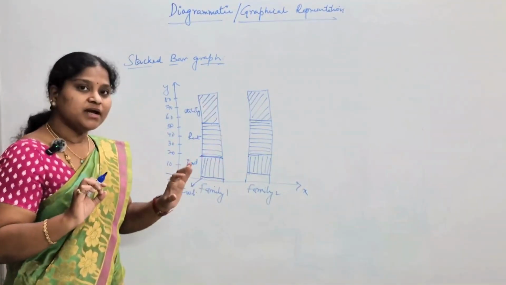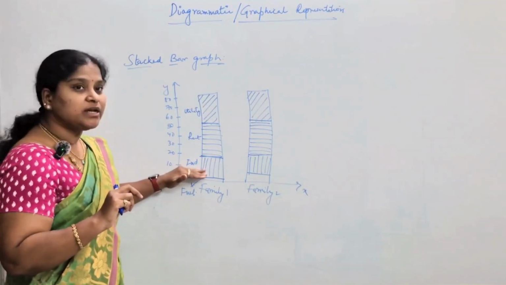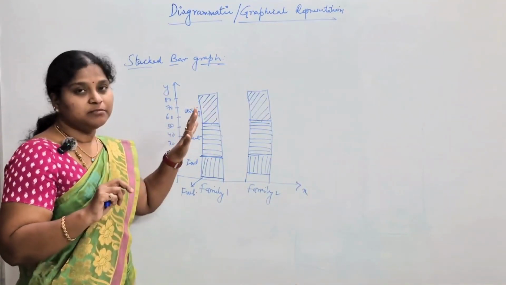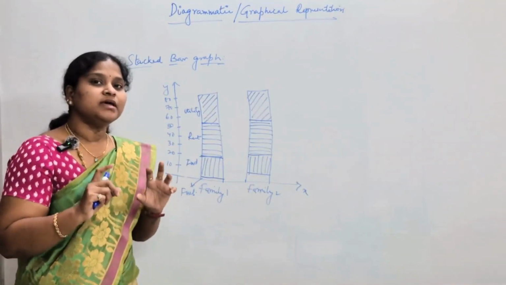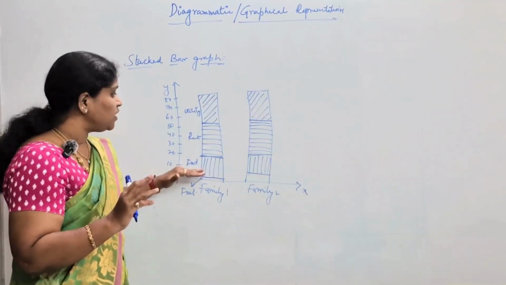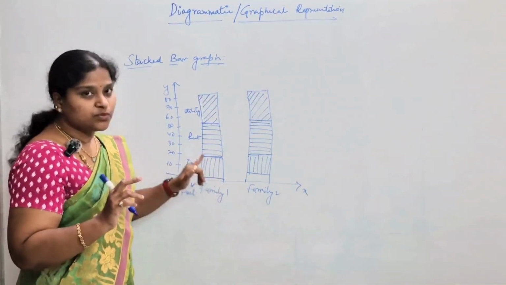Here we have divided it into 4 sections. The first one is fuel, the second one is food, the third one is rent, and the fourth one is utility. That means the entire income is divided into 4 groups that they spend. The first one is fuel, food, rent, and utility. And we divide it in this way.